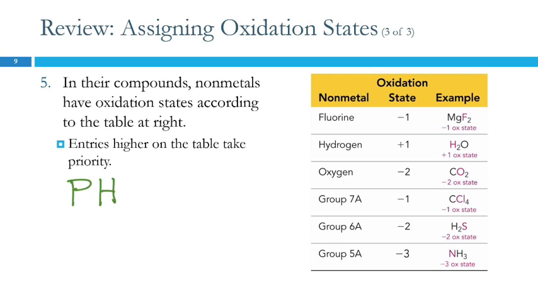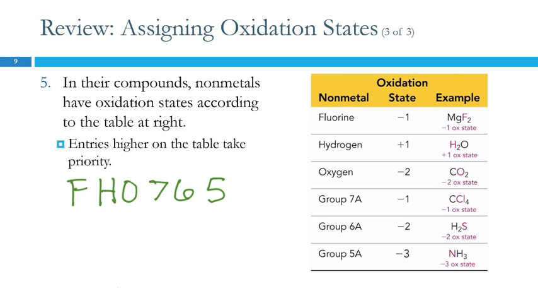P, H, O, pho. And then if we cut off a bit of the P, it's an F, which is fine because that's the sound it makes anyway, right? Pho. So can you remember pho? F, H, O. 7, 6, 5.